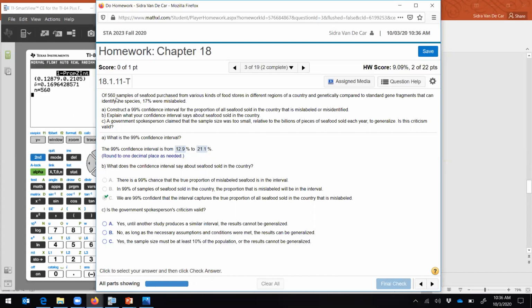So my number of successes is bigger than 10. My number of failures is bigger than 10. And 560 is less than 10% of all fish out there. And so as long as this is randomly sampled, we're good. So no, as long as the necessary assumptions and conditions were met, our results can be generalized.